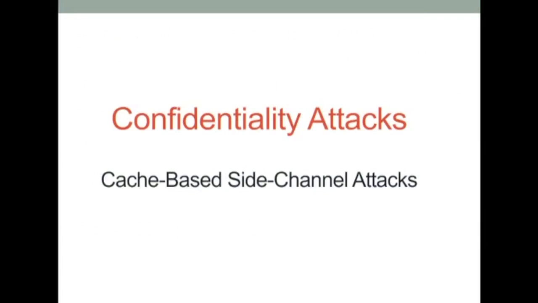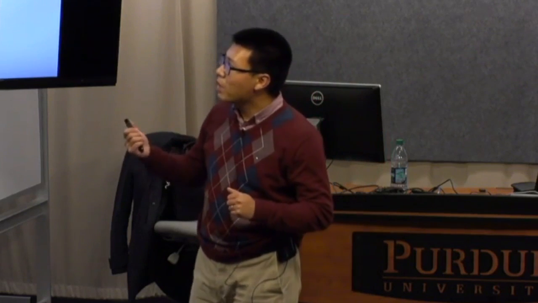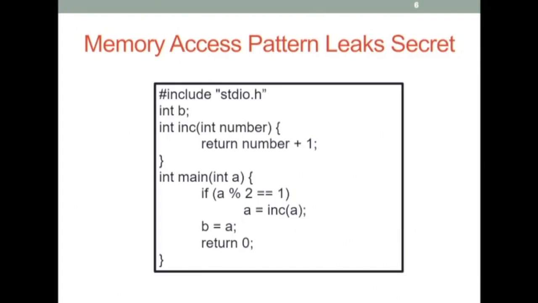The first attack I'm going to talk about is the confidentiality attack, in other words, cache-based side channel attacks. Before I explain how this type of attack works, let me go through an example and show you how memory access patterns can leak information. This is a very simple C program. I believe everybody here needs only three seconds to understand what it is doing.